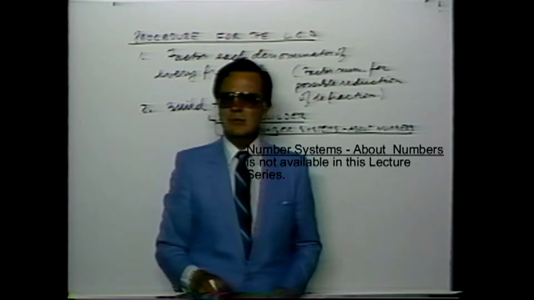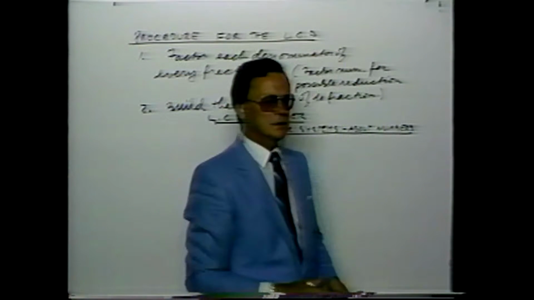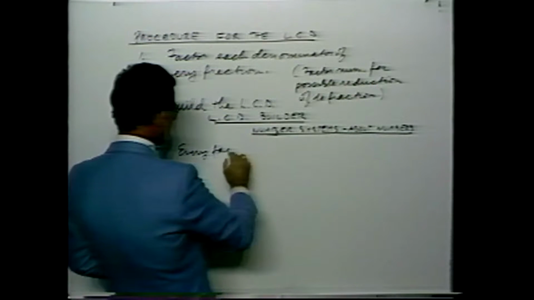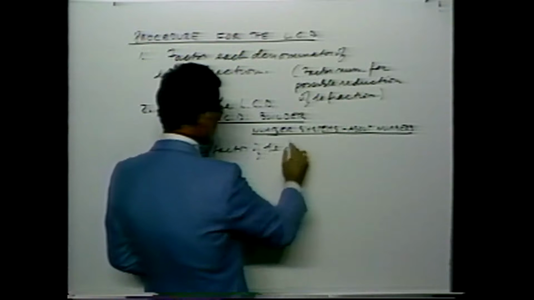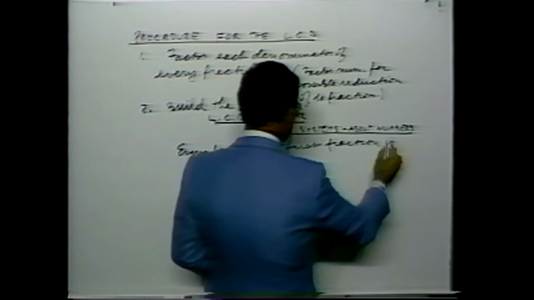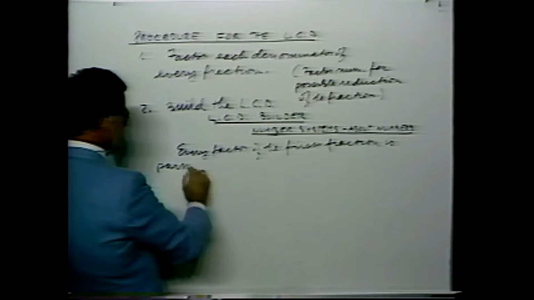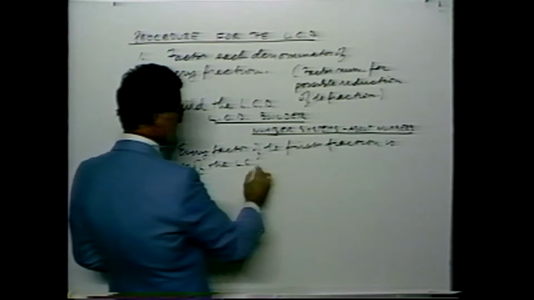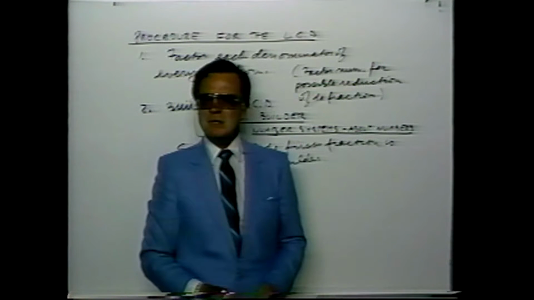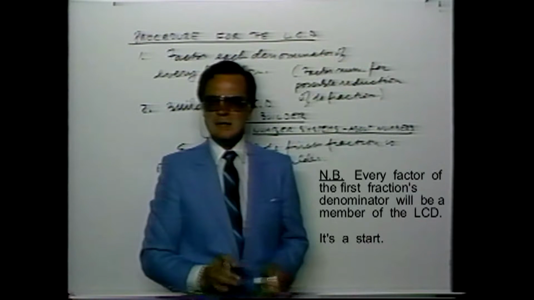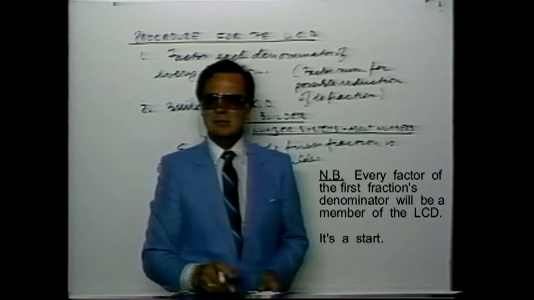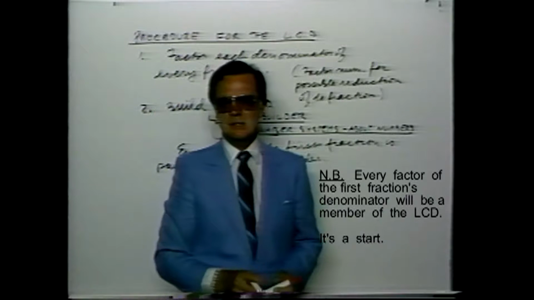Every factor of the first fraction is part of the LCD. Now, in the remaining fractions, taking them one at a time, select those factors from the denominators that have not yet been listed in the LCD builder.